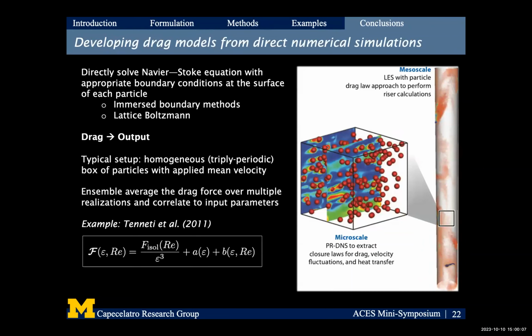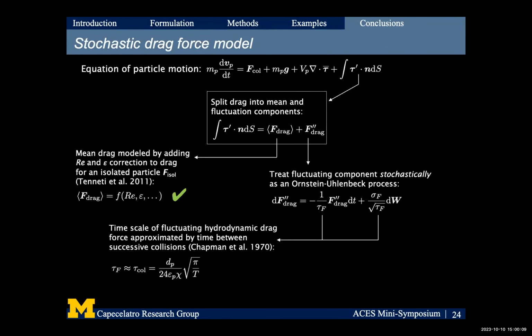So the main idea is we want to treat the fluctuation in drag stochastically in this OU process. And we have a time scale and we have a standard deviation. So we're basically saying the force distribution is Gaussian, and the data that we have and other data from the literature suggests in these dense suspensions, it's indeed Gaussian. So that's nice.